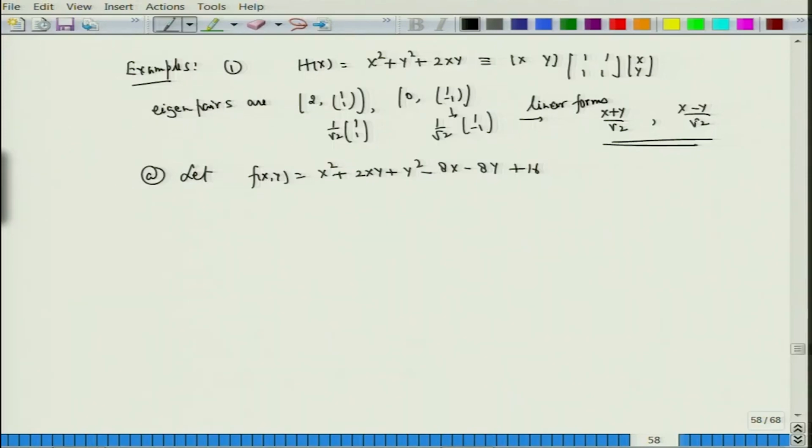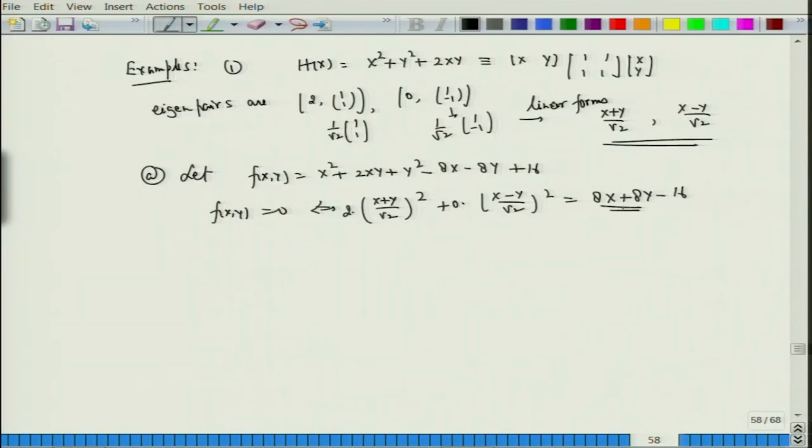So what I have written here is that f(x,y) equal to 0 is the same thing as looking at x plus y upon root 2 whole square, 2 times this, plus 0 times x minus y upon root 2 whole square. The x square plus y square plus 2xy part gives you this, and it is equal to 8x plus 8y minus 16.